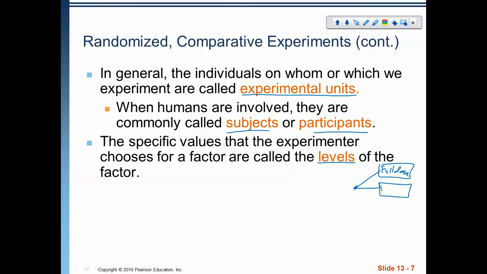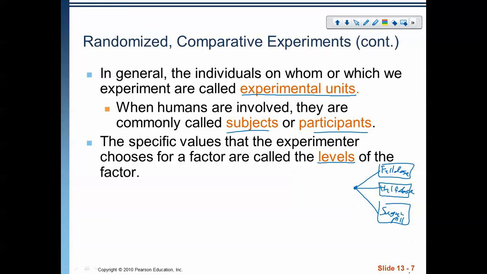Another person gets a half dose. And another person gets a sugar pill, which would be no dose of the drug. So that would be 3 levels of a particular factor, right?